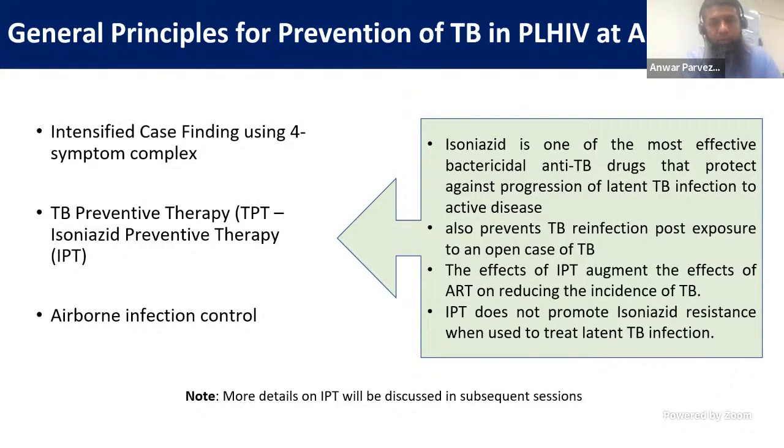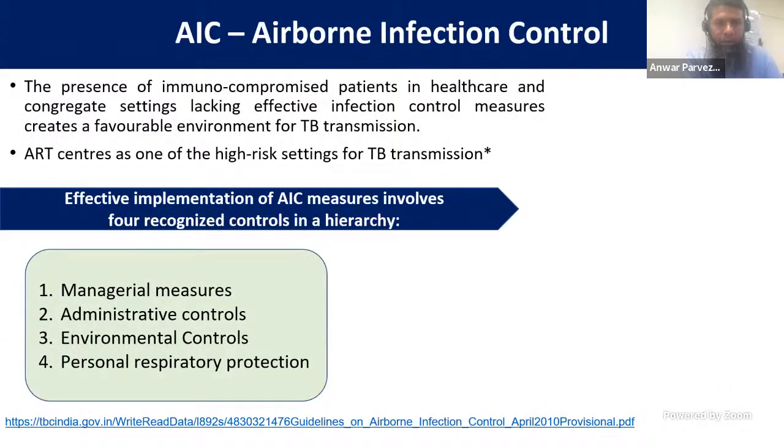This is for prevention of TB. Of course, COVID has changed things a lot, so for that you can follow the local guidelines. And lastly, about airborne infection control, it is easy to say, but sometimes difficult to implement because of many issues related to administrative controls or managerial processes at the ART centers. So we need to do whatever we can.